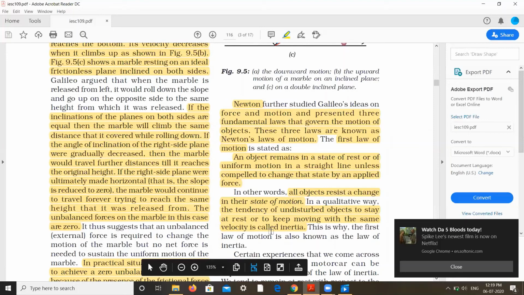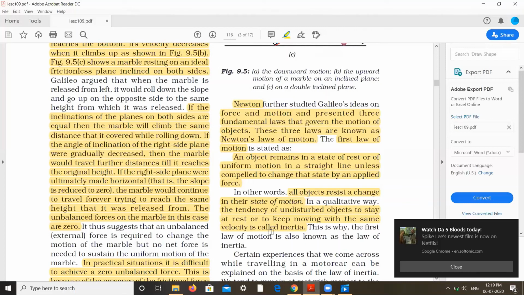So there is a term called inertia that comes into the picture. It is a qualitative term. It is not a quantitative term. Now, the terms qualitative and quantitative are different. Qualitative means you are studying the quality of the physical thing that you are going to study. It is inertia, not the quantity.